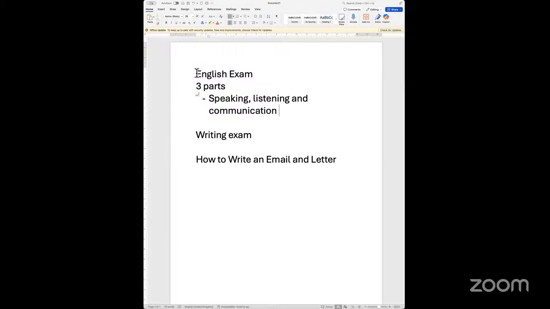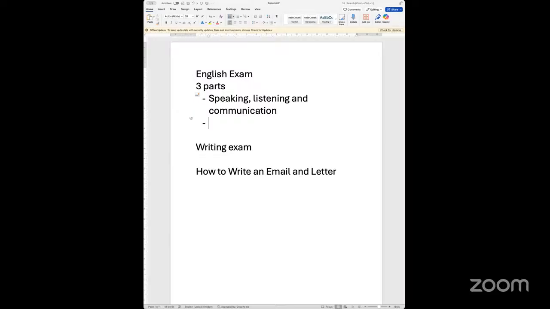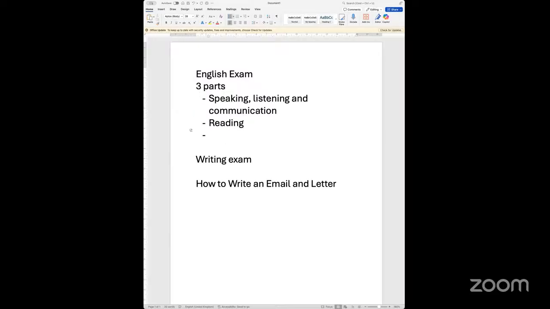That means I'm able to speak, you're able to listen to what I'm saying, and then when you give me feedback and you either nod or say yes, I understand, or whatever conversations we have, that is the communication. The second part is reading, and the third part is writing. So the English test that you give is a combination of three parts, and you have to achieve all three parts to be able to receive a certificate from NCFE.